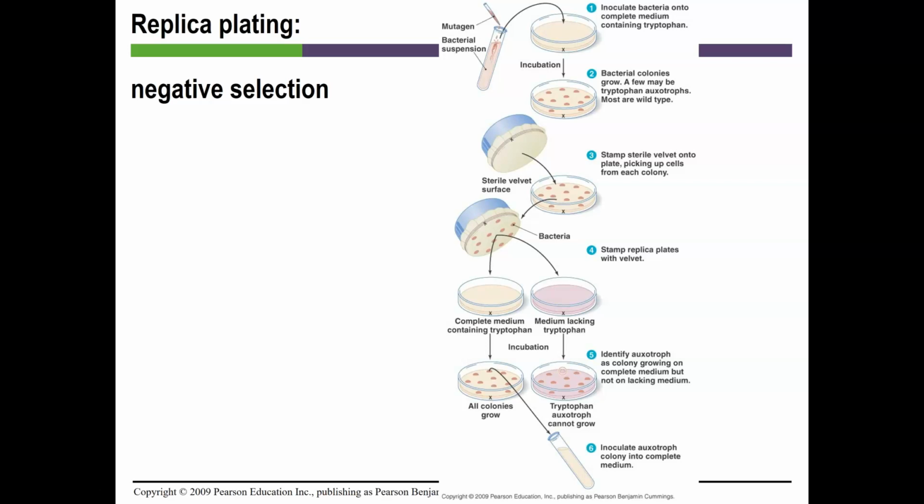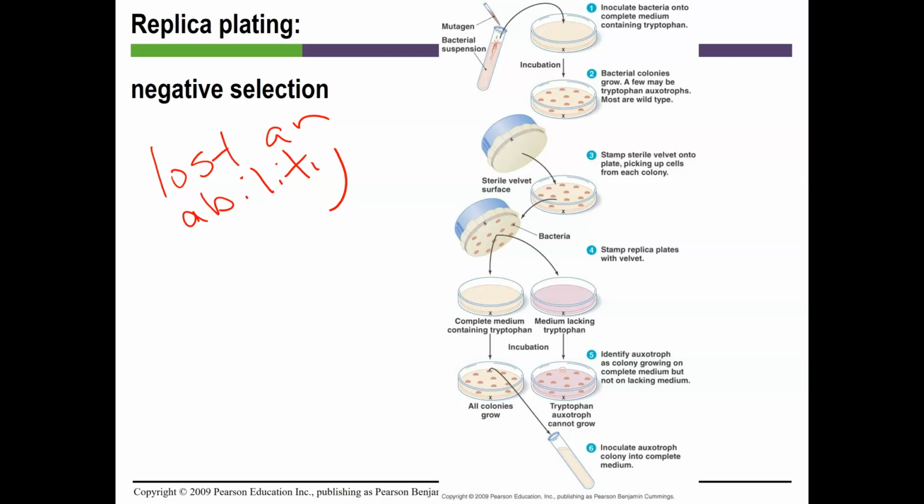Replica plating is a negative selection method. In this method, you have cells that have lost an ability. For example, they may no longer make their own tryptophan, so they must be supplied that amino acid to grow.